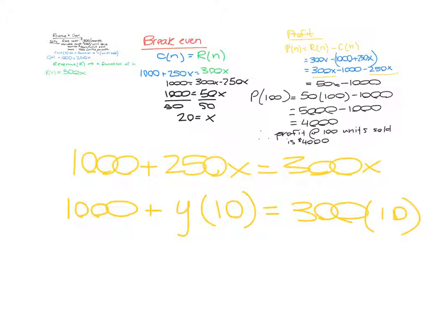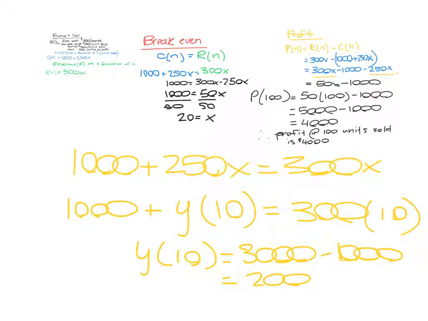So solve for y. Sounds easy enough. 300 times 10 gets us that 3,000. So we can go 10y is equal to 3,000 minus 1,000, which is equal to 2,000.